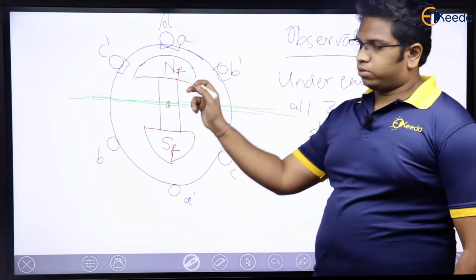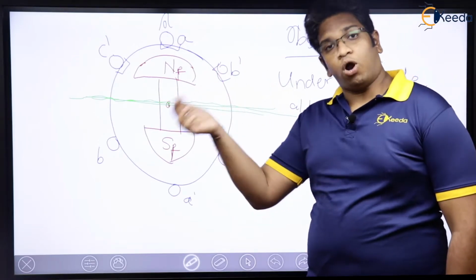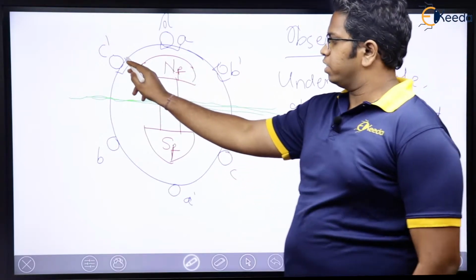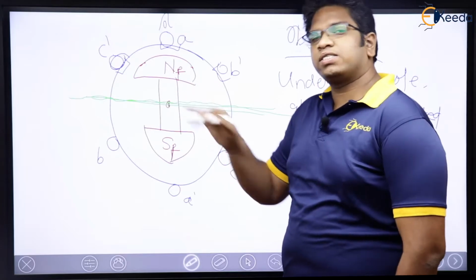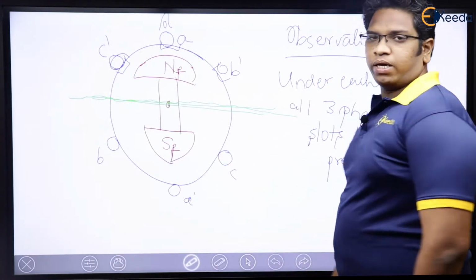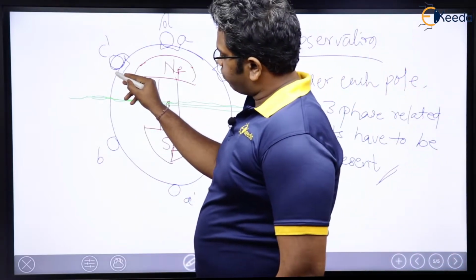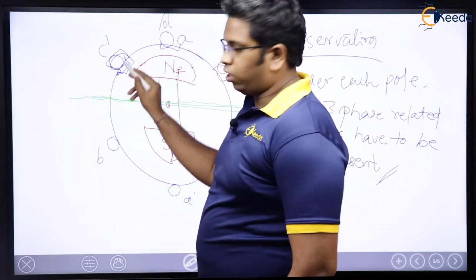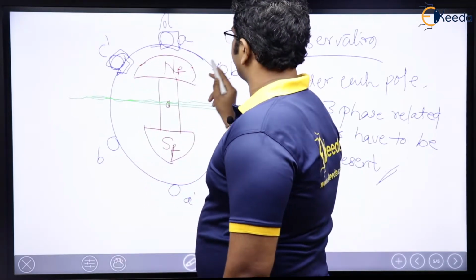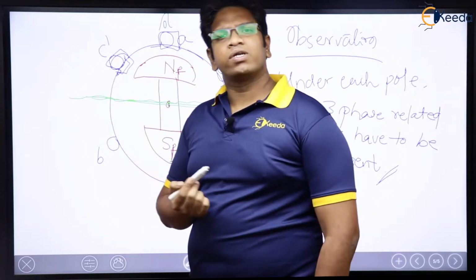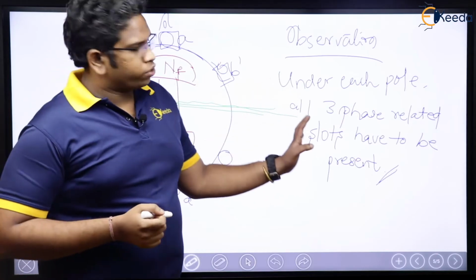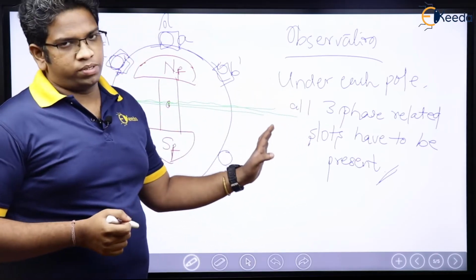Under each pole, all three phase slots or conductors, or we can say slots also, no problem, because at the end of the day, the conductor will be present inside the slot only. Now whether these slots are this way or that way, we will discuss. Time will come, we will be talking about slots as well, slot harmonics and all. Anyways, I hope you have understood this. This is the first observation we have made.